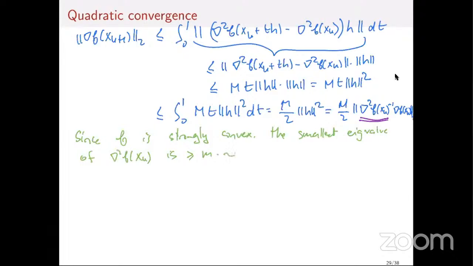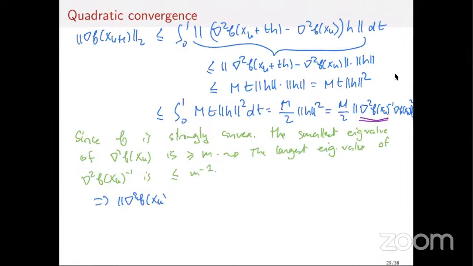In turn, this implies that the largest eigenvalue of the inverse is less than m inverse. By the way, I should have a square here. So this implies that the norm of the Hessian of f at xk inverse times the gradient of f at xk squared, I can bound by 1 over m squared times the norm of the gradient of f at xk squared.